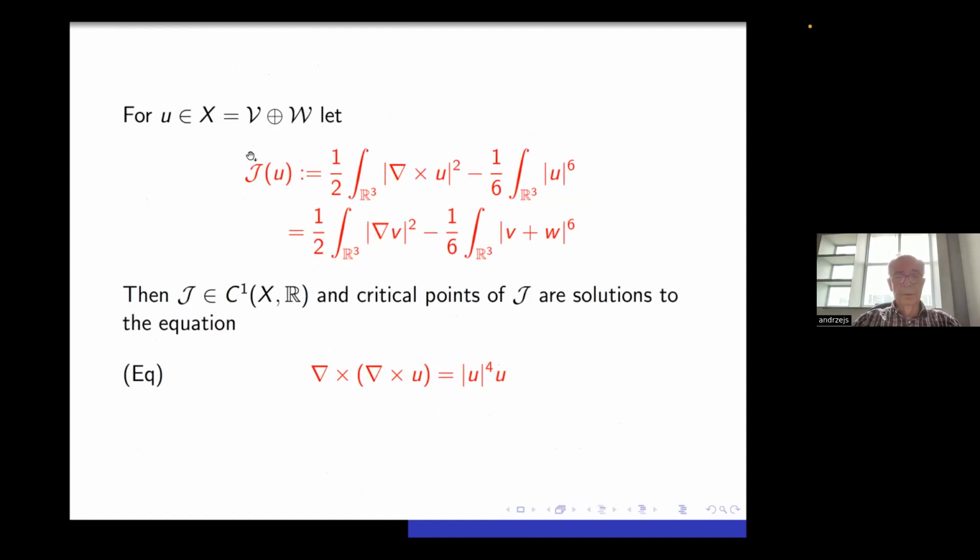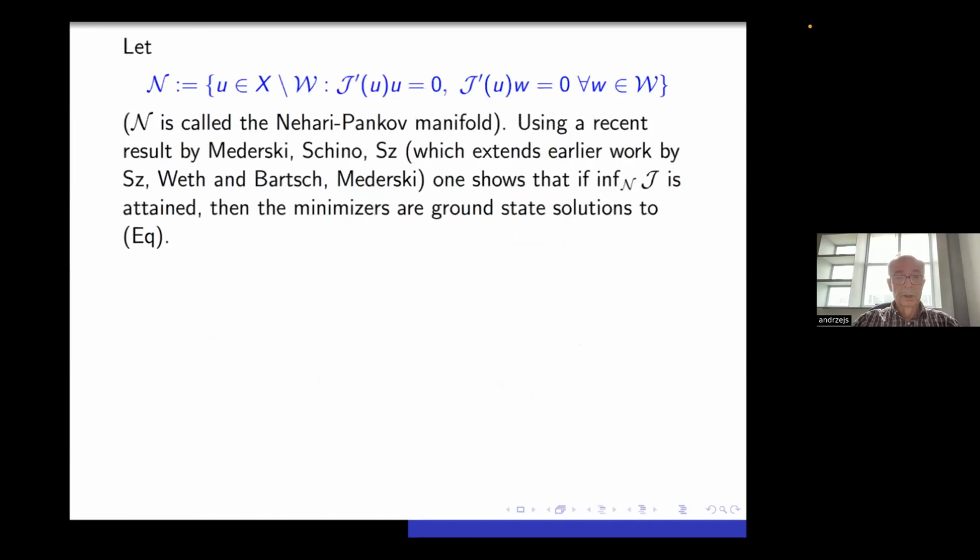And now, in our case, we have J of U equal to this. Curl U can be replaced by gradient V. And it is easy to see that J is of class C1, and critical points of J will be solutions of this equation. So now let me introduce what is called the Nehari-Pankov manifold.